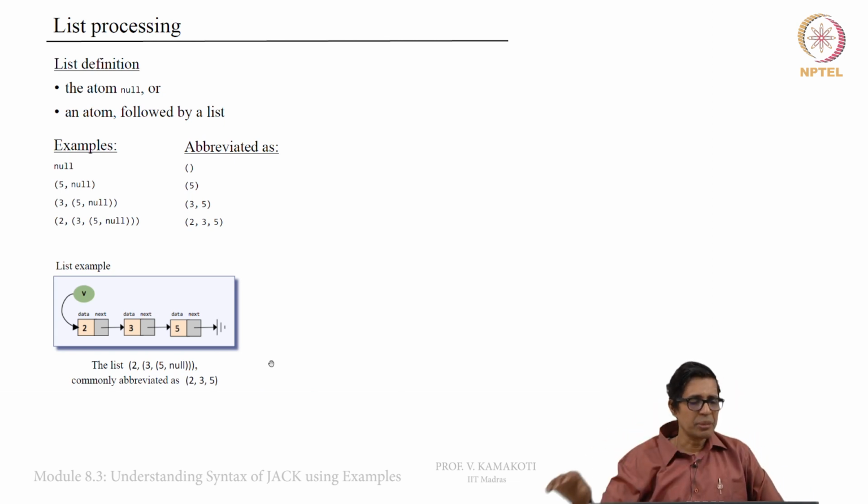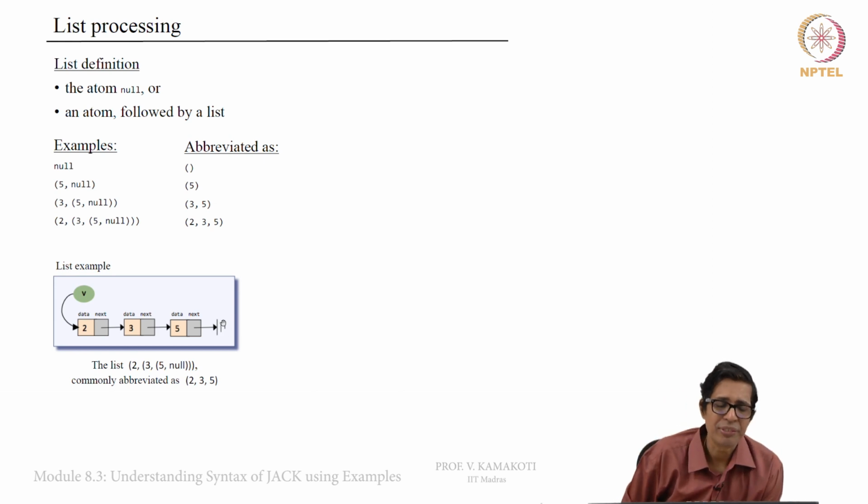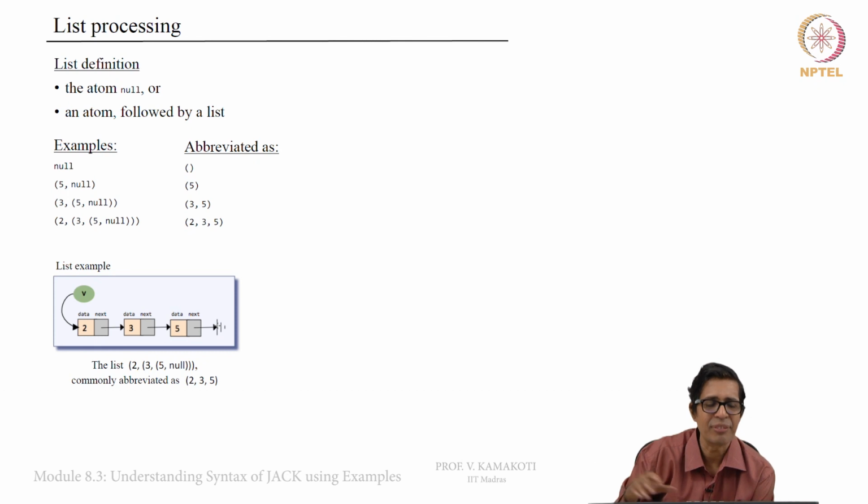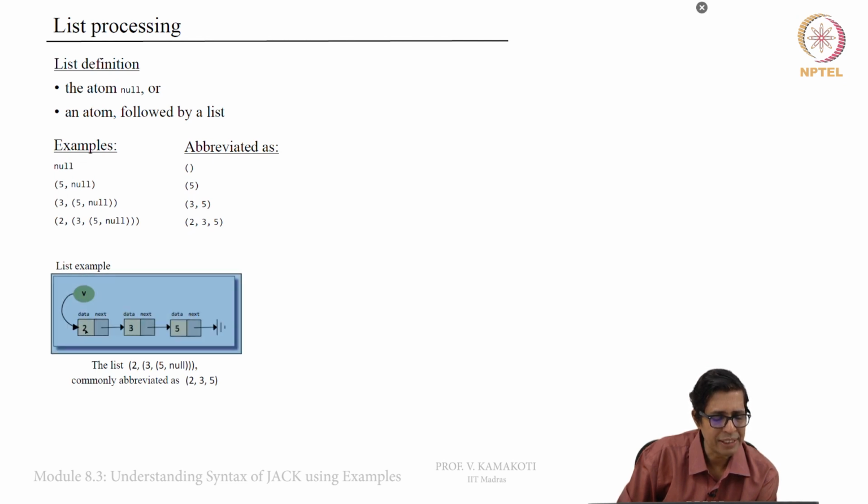You would have seen linked lists as a part of your C programming, but it is a self-referential structure. Self-referential in the sense that it will store one element, in this case 2, and it will point to another list of the same type, which will in turn store 3, and it will point to another list of the same type which will store 5, and this is null.